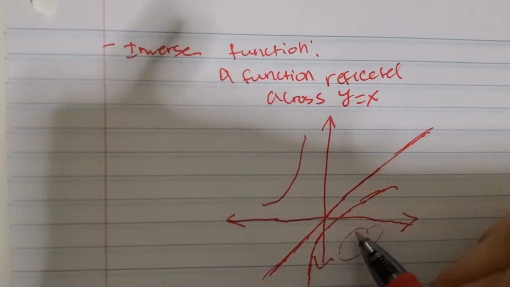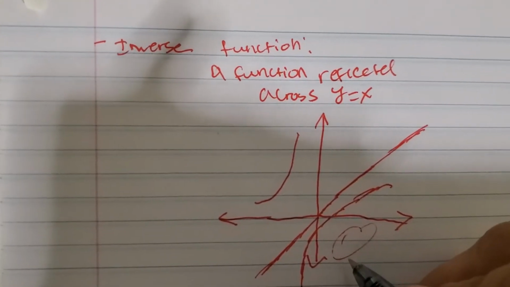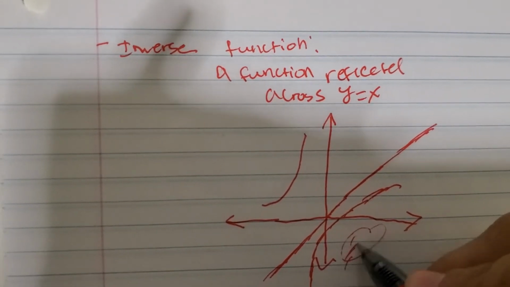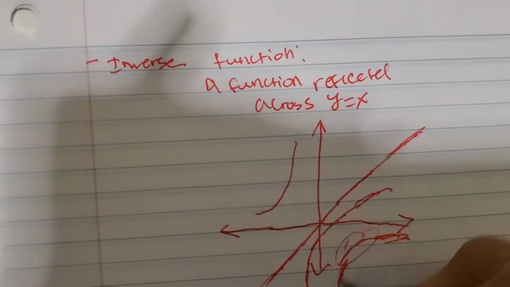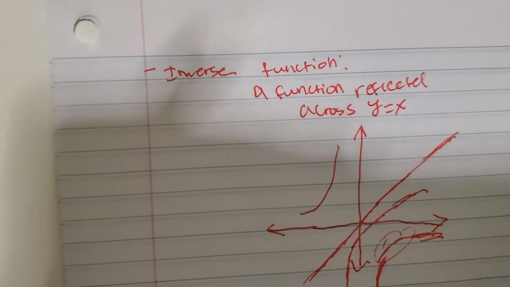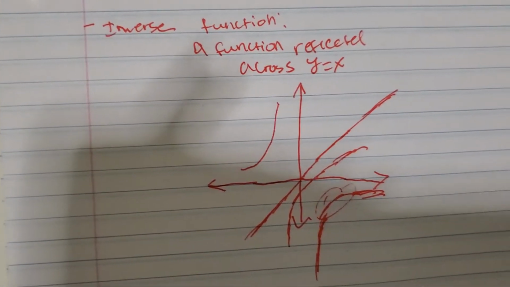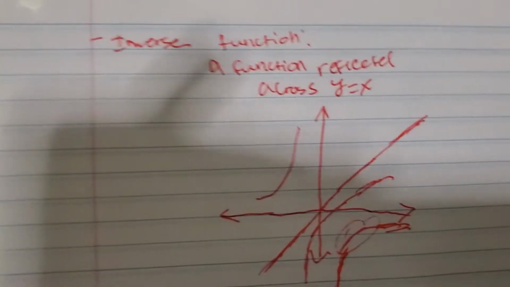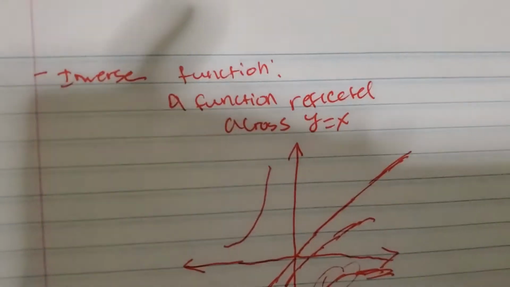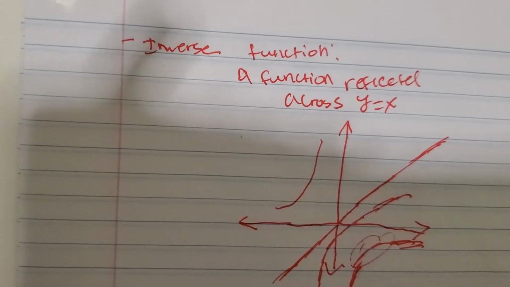Sorry, guys, I'm horrible with that. And funny enough, this is what we call a rational function, or hyperbola in this case. But all inverse functions are one-to-one.